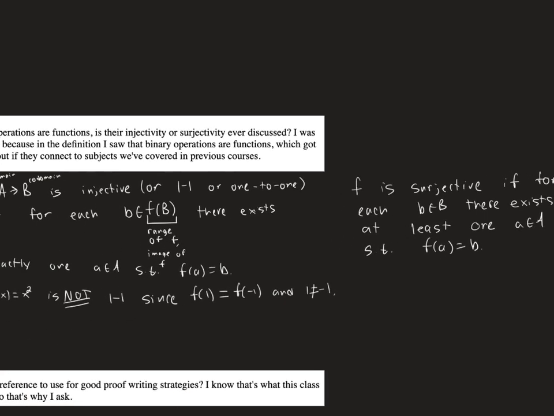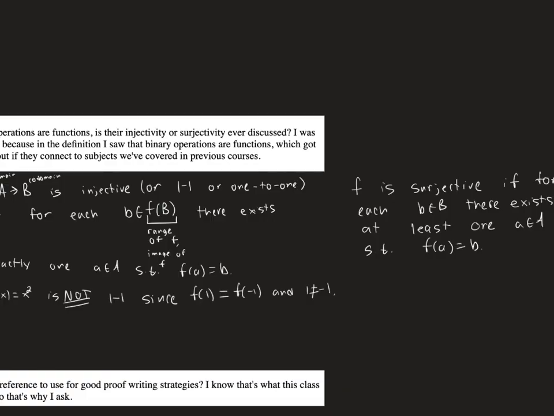Notice this difference: here B is in the image, and here B is any element of the codomain. So it's surjective if we can map to any element in the codomain with at least one, not exactly one, element.